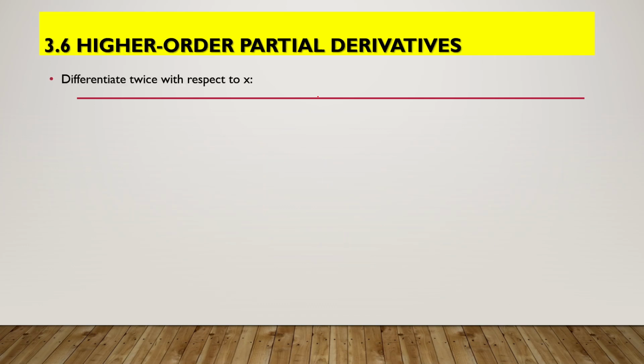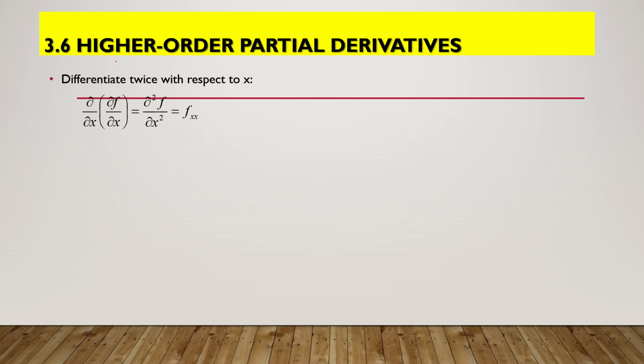Okay, and then the higher order partial derivatives. Just now we only saw the first case, the first partial derivative. Now let's say we have the higher order partial derivatives.